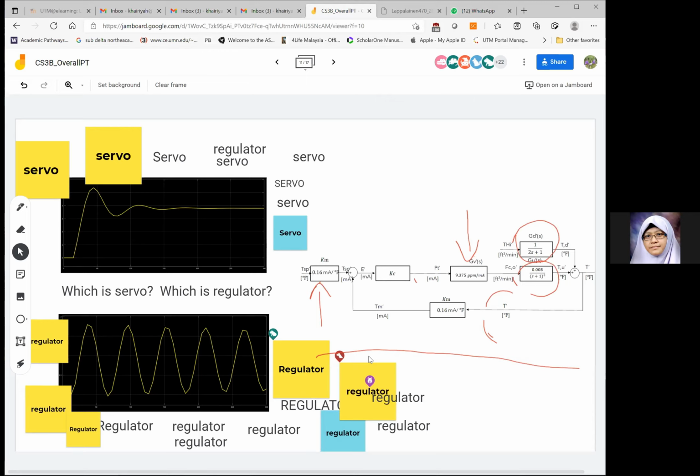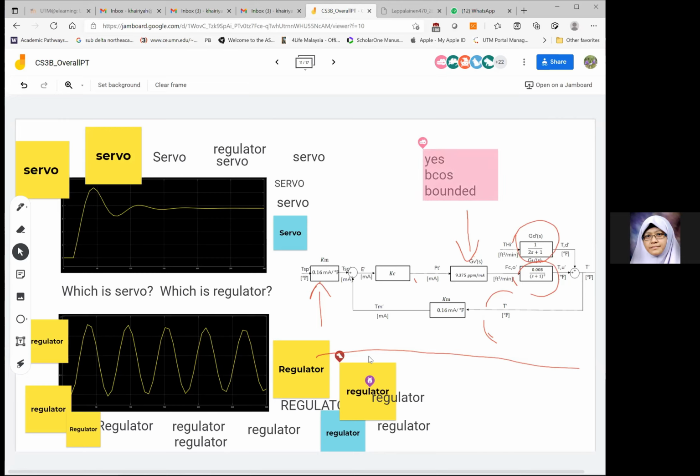By the way, are both responses stable? This is after a step change. Are they stable? Both of them? Yes or no? Why is it stable? Which one is stable? Both stable or only one of them stable?